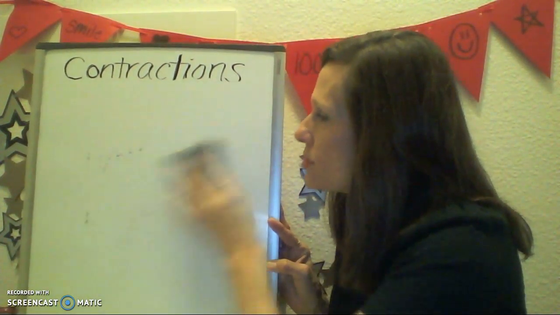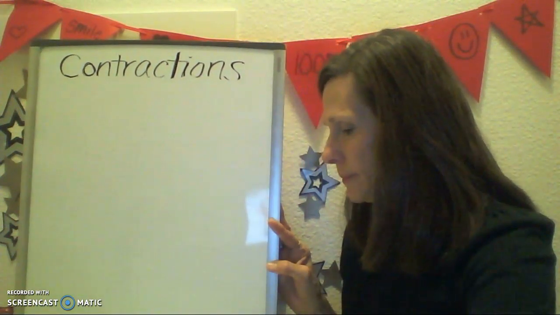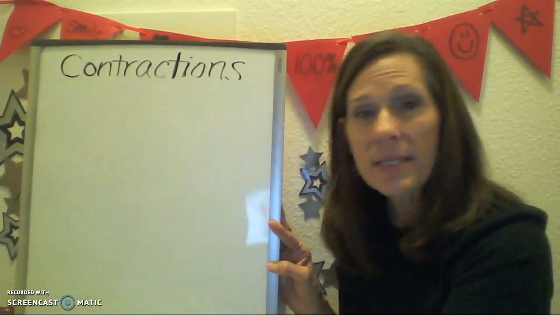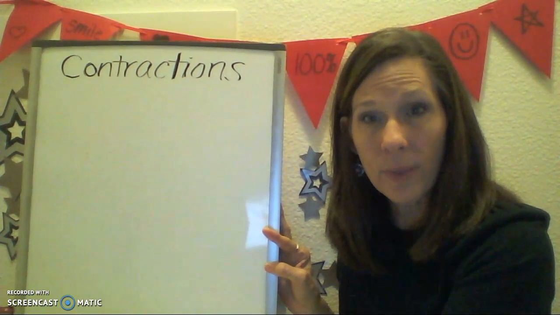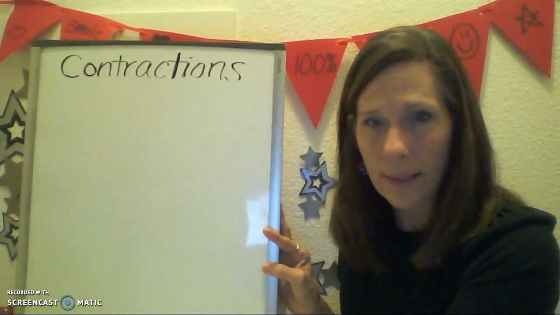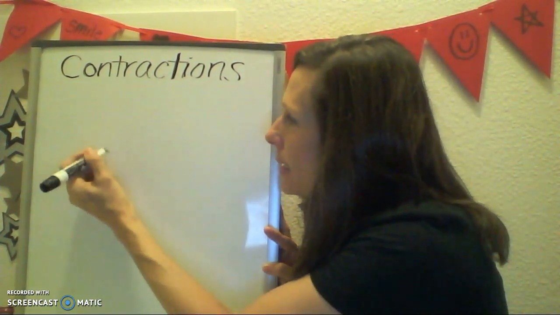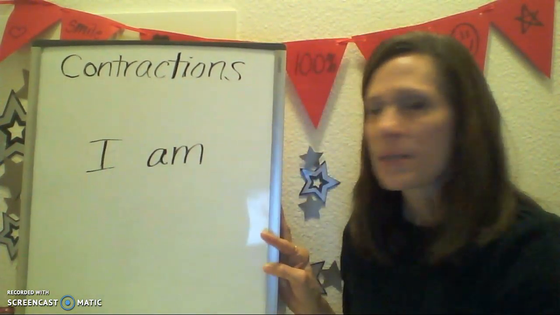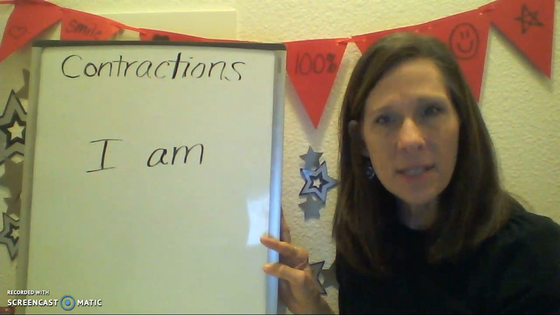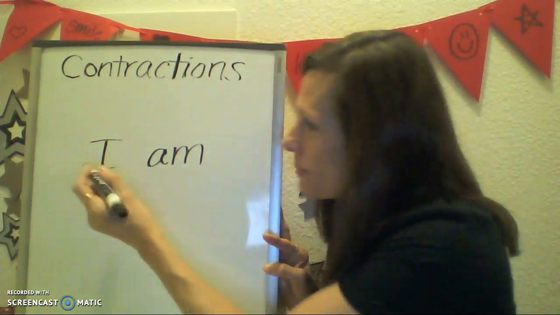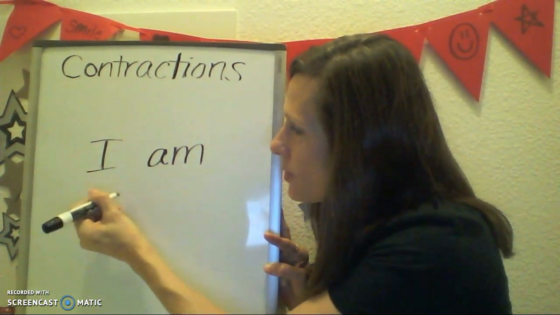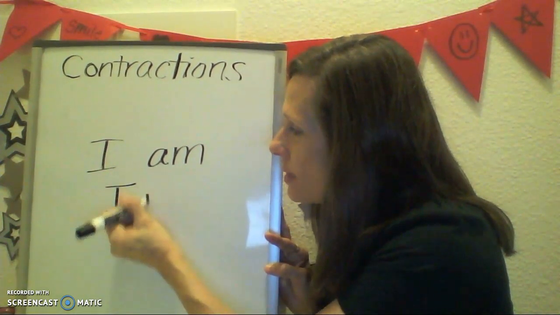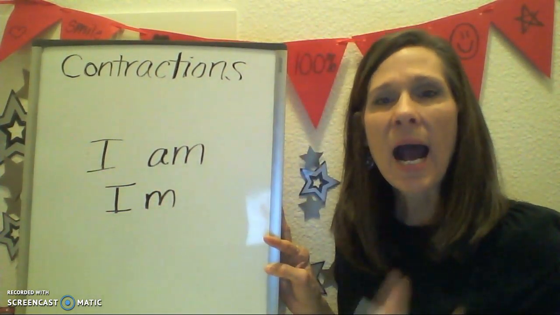Okay, let's do another one. Here we go. This is one that we see a lot in reading, and one that you write a lot in your own writing. It is I am, right? So I could say I am a teacher. So I'm going to take my two words and bring them together in a contraction, and the contraction is I'm.